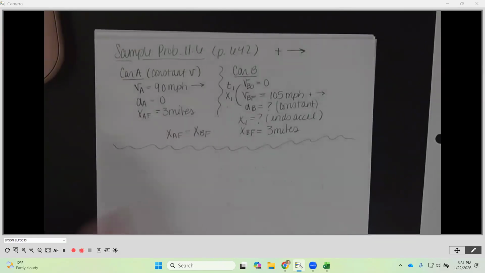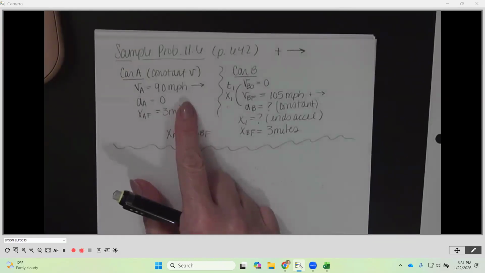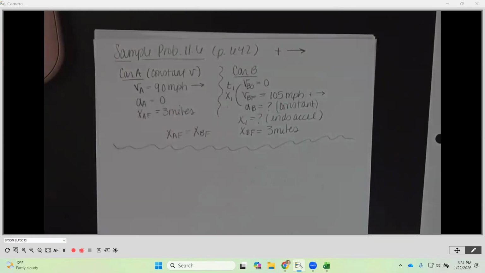Now, when we start looking at velocities and accelerations, even though it's given in miles per hour, we want to make all the units consistent, and we want to make them all in feet and seconds.